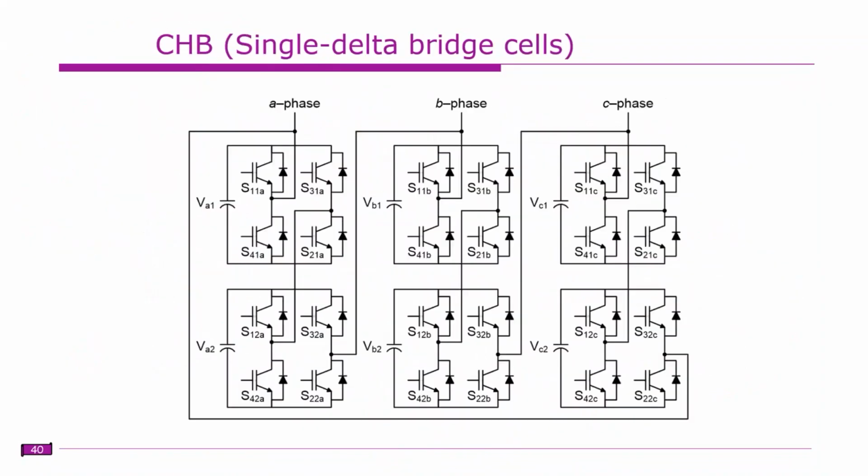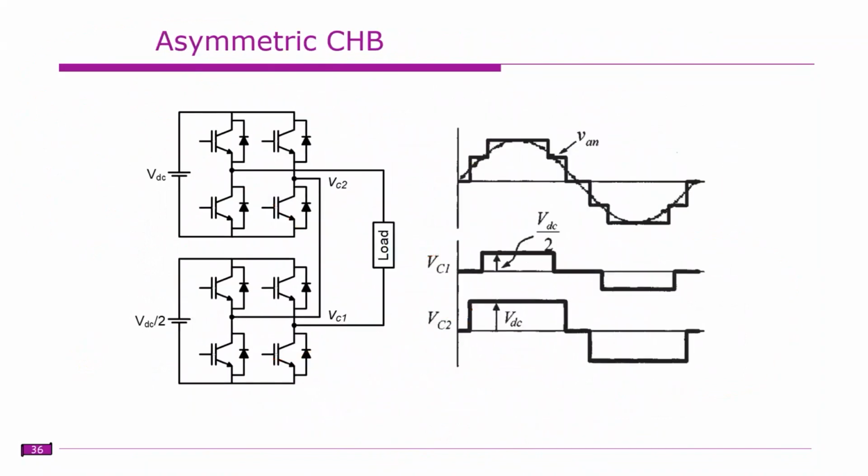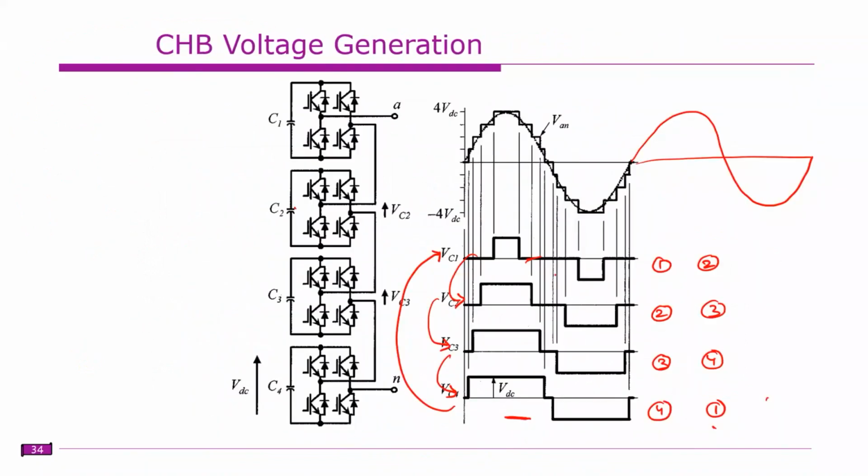This is possible because we have switching redundancy. With, for example, this case, you require 4 cycles to obtain its original position. So again, there is a drawback here: you have to wait for 4 cycles.